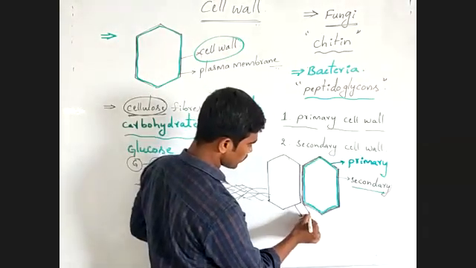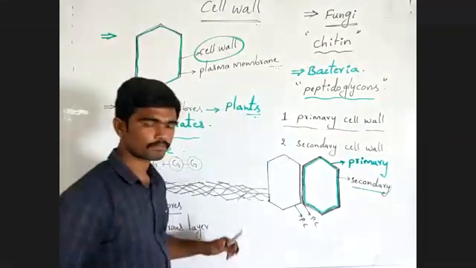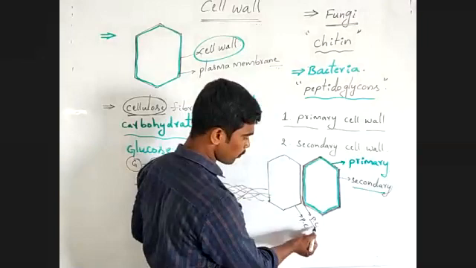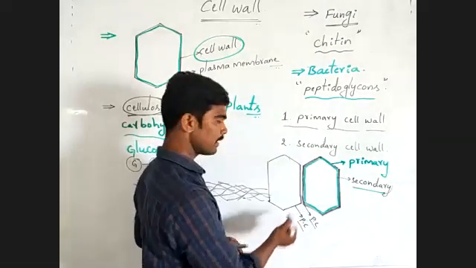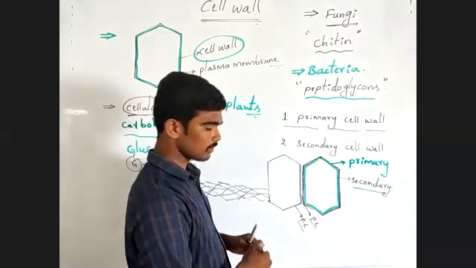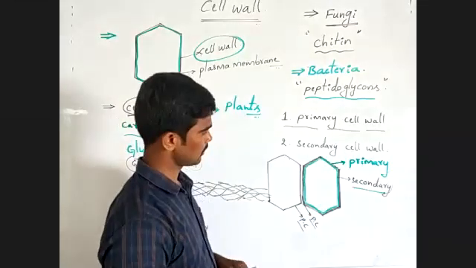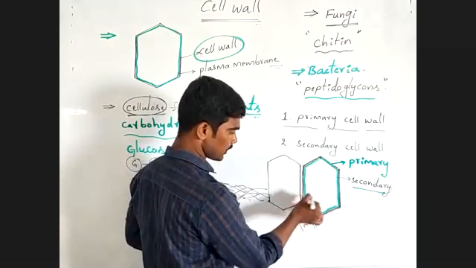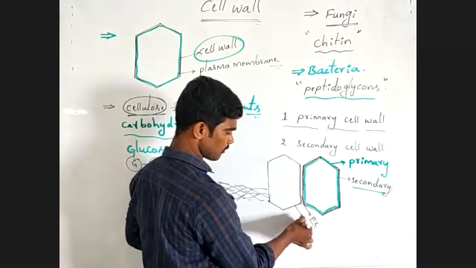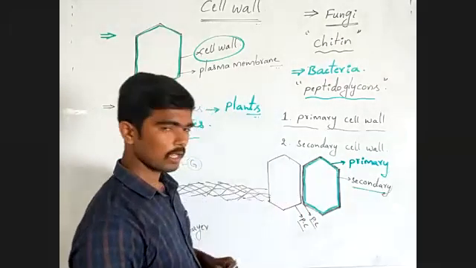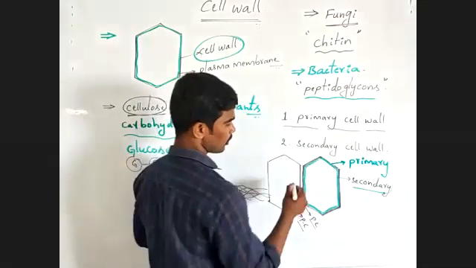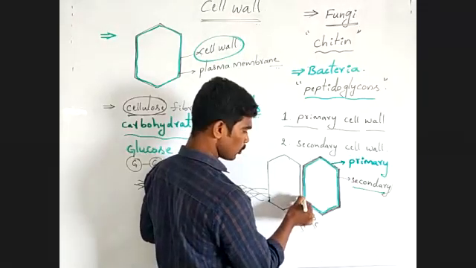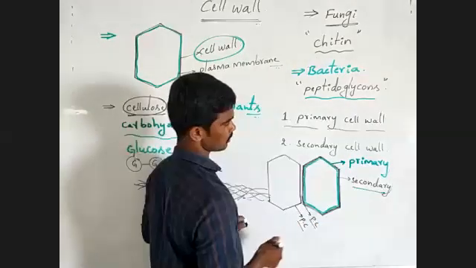Here also the primary cell wall. Between the two primary cell walls of neighboring cells, observe, this is another cell with its primary cell wall. Between the two cells are two primary cell walls.